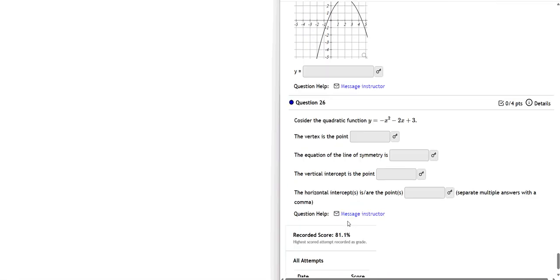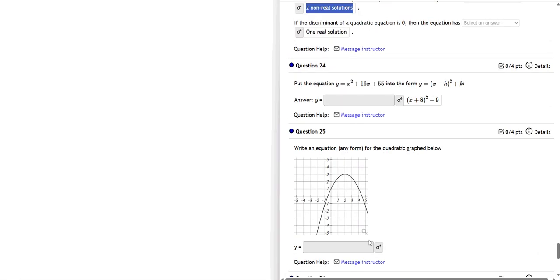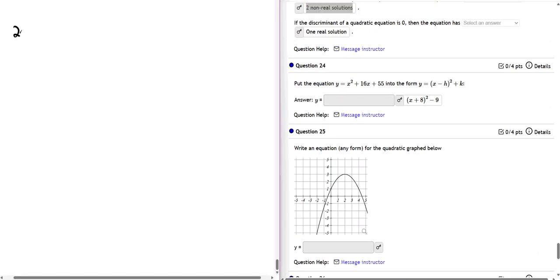And then 2 more questions here. So 25, write an equation of any form for the equation graph below. Okay, well, first of all, it's a parabola, so I know I'm going to be doing a quadratic function.